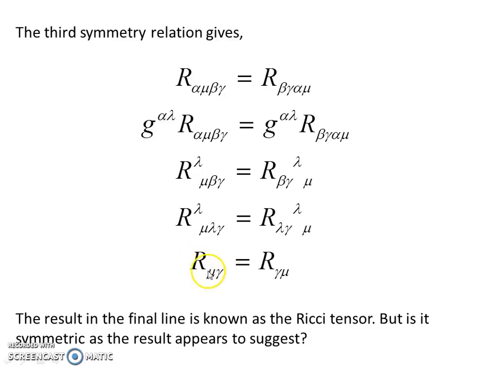It doesn't go to 0. It's the only contraction that does not. And we end up with this second order tensor here, which appears, by the placement of the indices, to be symmetric. So we'll investigate and see if that's the case.